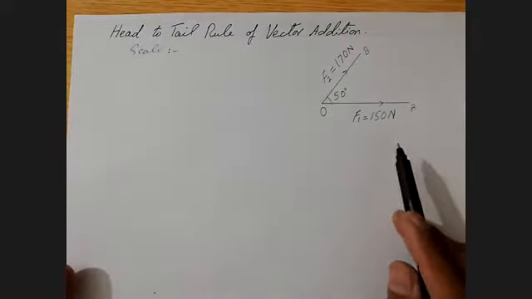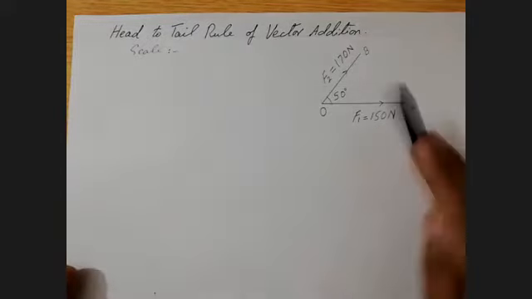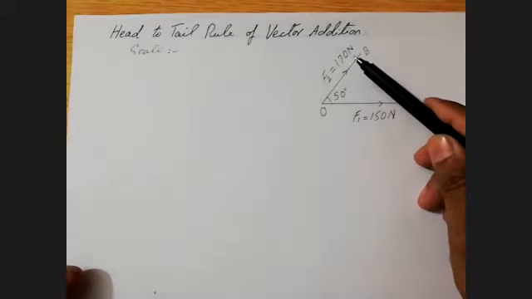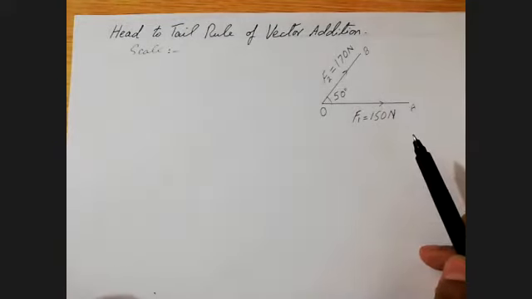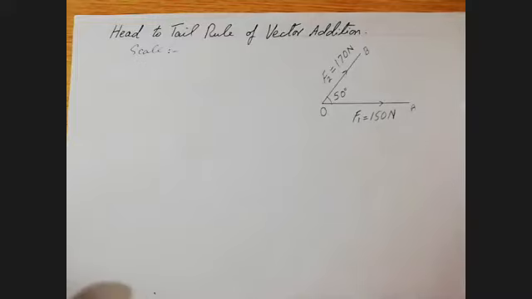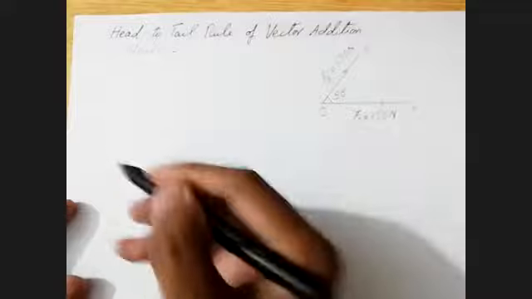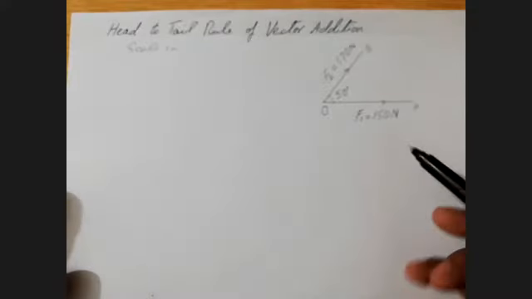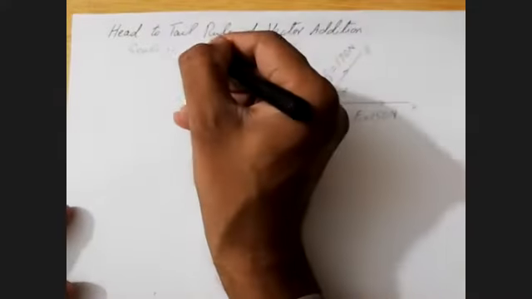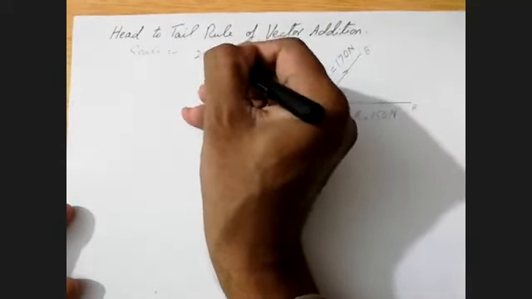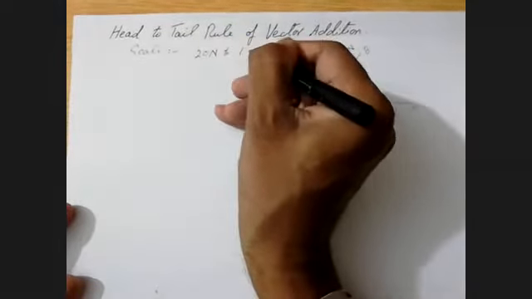Actually, I'm not taking 10 Newton to 1 centimeter, otherwise I will have to draw the line 17 centimeters long. If you take 30 Newton to 1 centimeter, that's also okay. 25 Newton to 1 centimeter is also okay, as you know that 150 and 170 are written. So here I am taking 20 Newton to 1 centimeter.